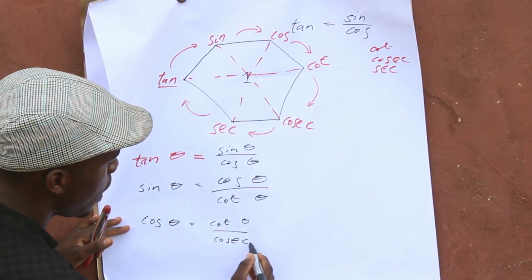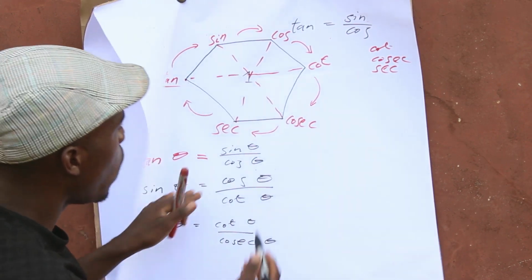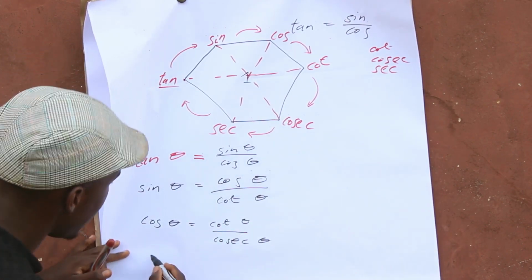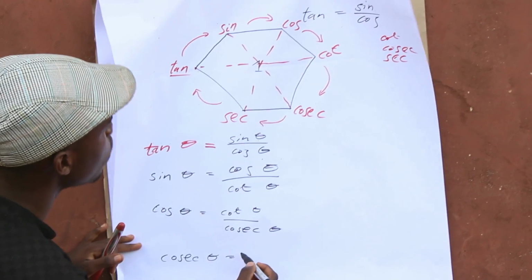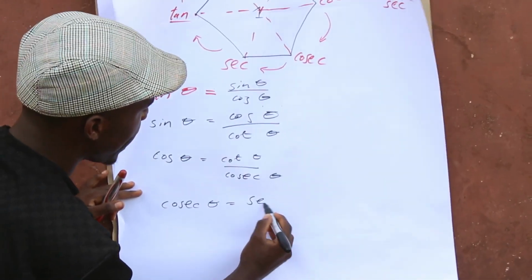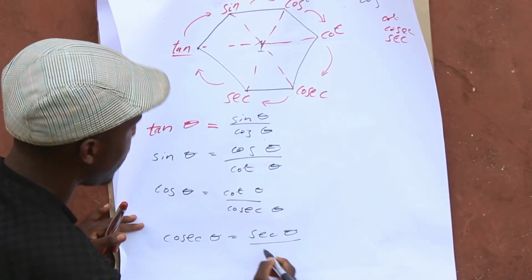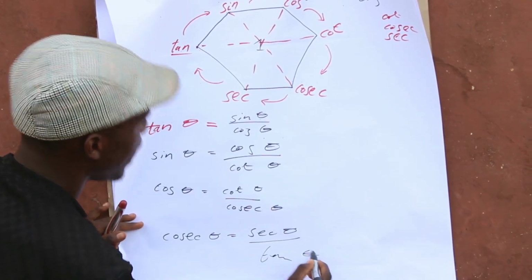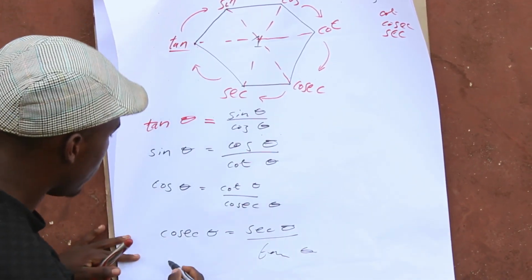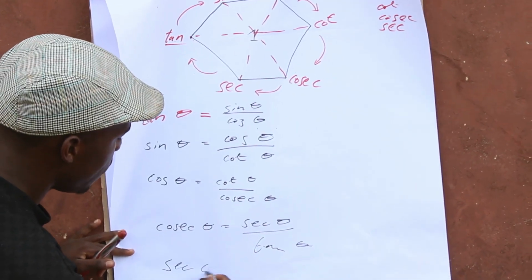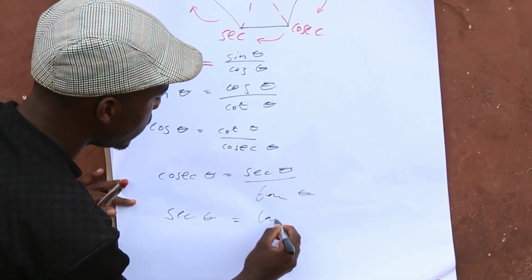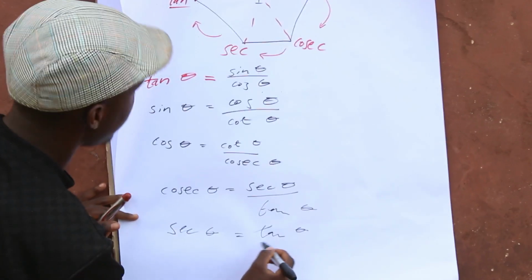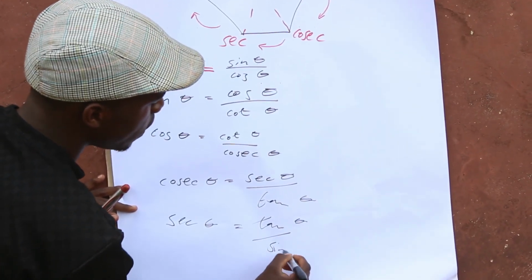To derive for cos theta, you just write cos theta is equal to cot theta over cosec theta. To derive for cosec theta, you write cosec theta is equal to sec theta over tan theta. To derive for sec theta, you write sec theta is equal to tan theta over sine theta.